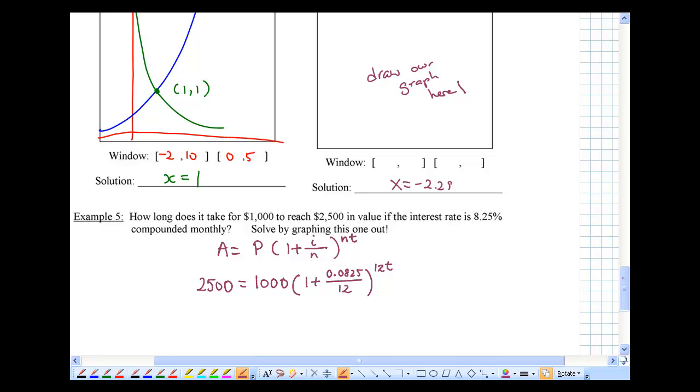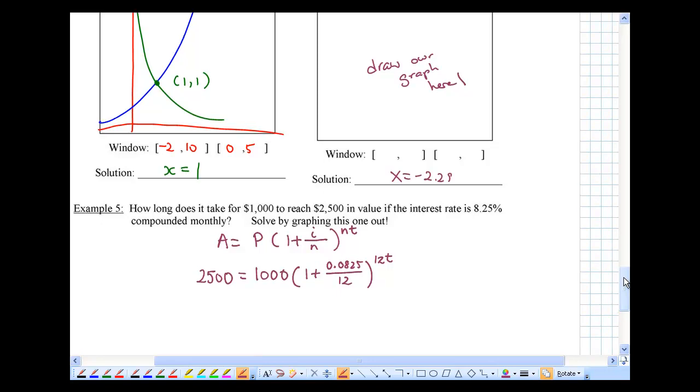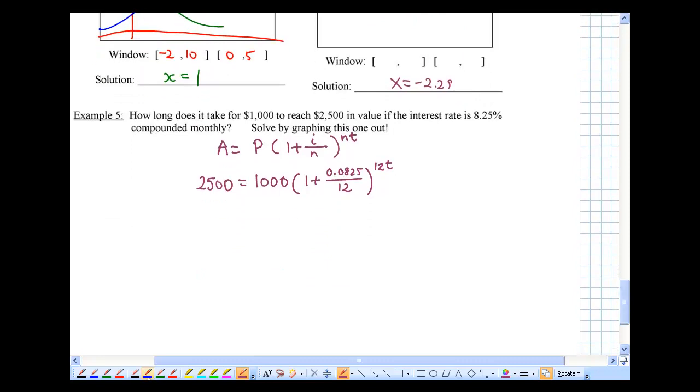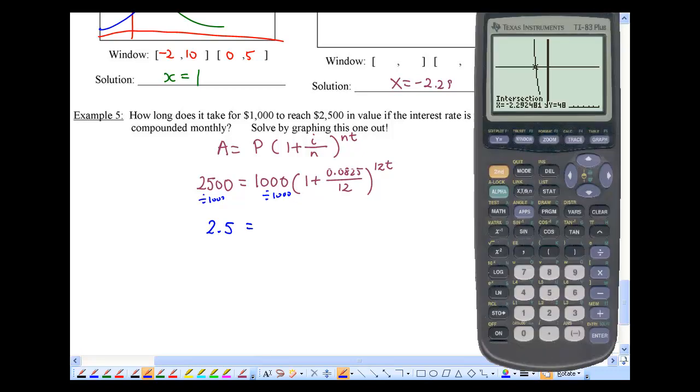And in this case, you're going to solve by graphing this one out. This one's kind of messy, so let's see if we can simplify a little bit first. Divide both sides by 1,000. So 2.5 is equal to, what's that nasty decimal? 1 plus 0.0825 divided by 12.